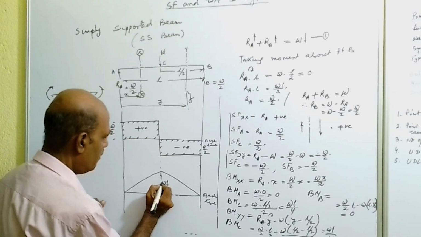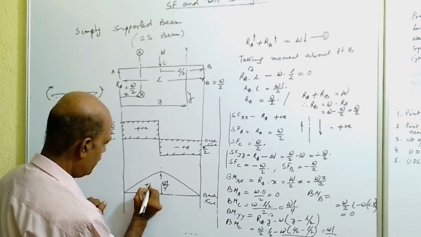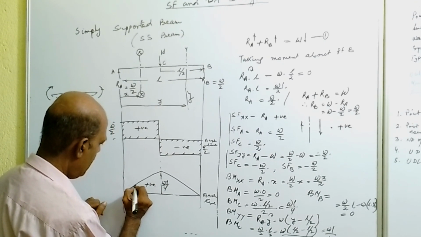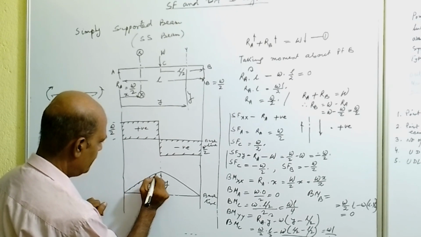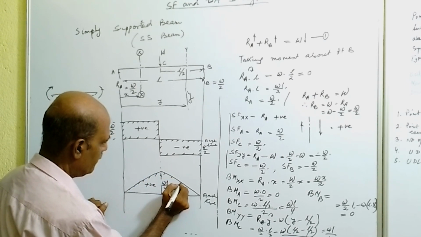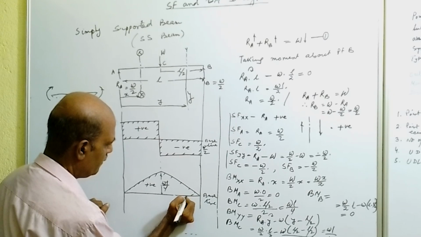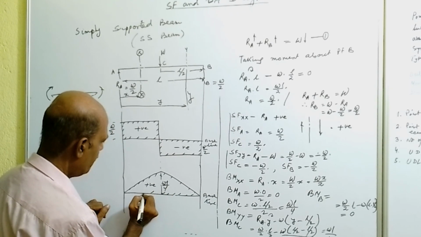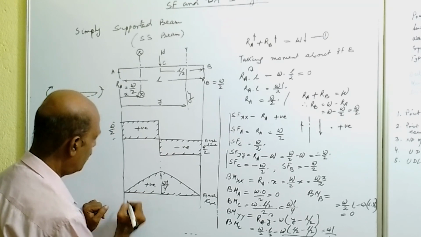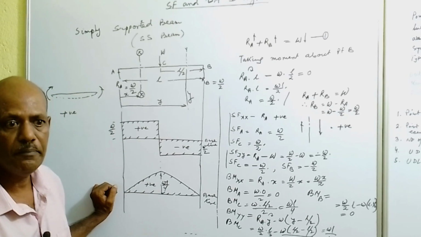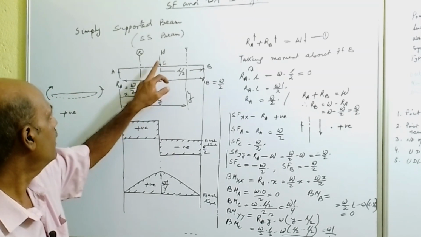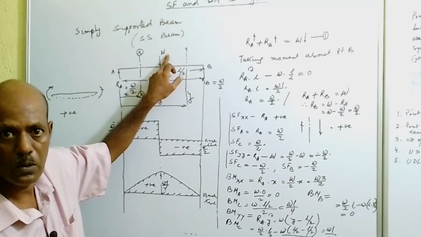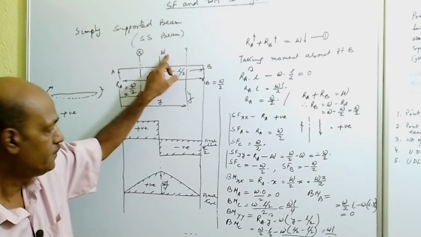So that will be WL by 4, and this will be positive, and put the hatching lines. So this is the bending moment diagram for simply supported beam acting under point load at the center.